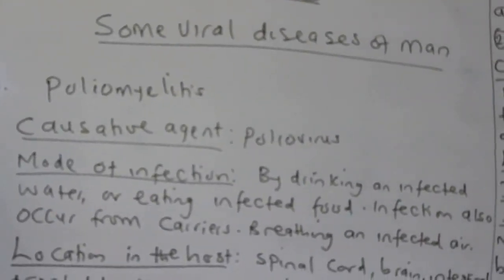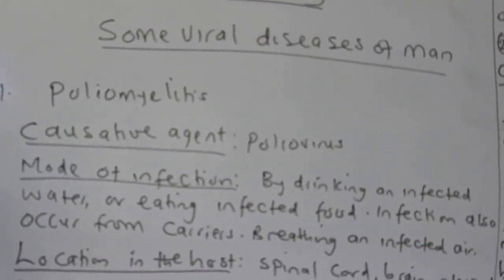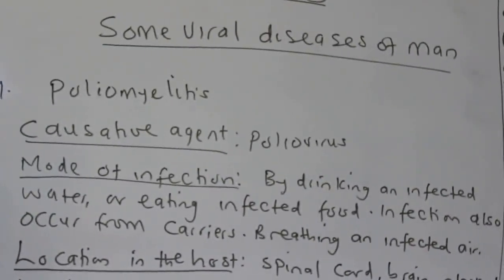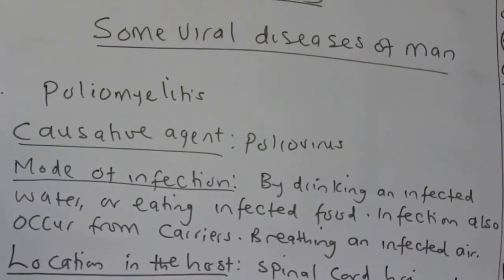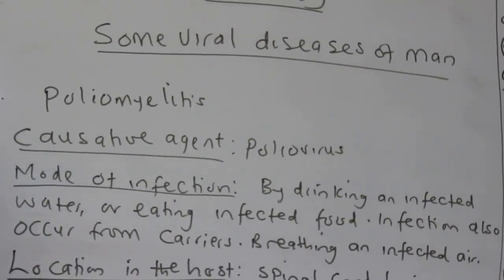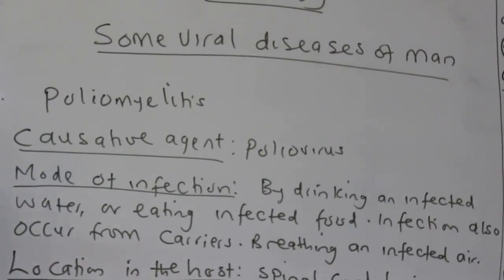When a healthy person consumes this water, the healthy person gets the virus into his system. And also, we have eating infected food. And infection can also occur from carriers, people that already have the virus in them. And then we also have breathing of infected air. These are the modes of transmission or mode of infection of the poliomyelitis virus.